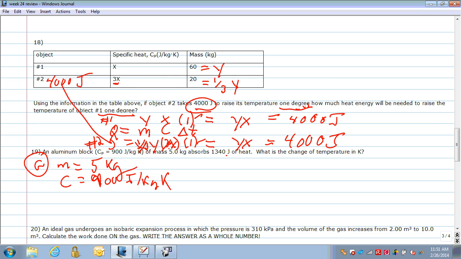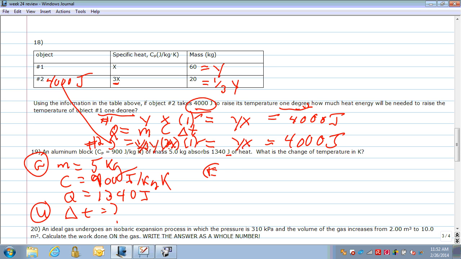It absorbs heat, 1,340 joules. When you see that joules, that means that it's Q. So that's equal to 1,340 joules. The unknown is what is the change in temperature.